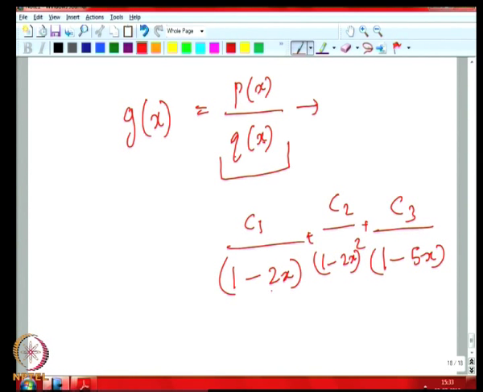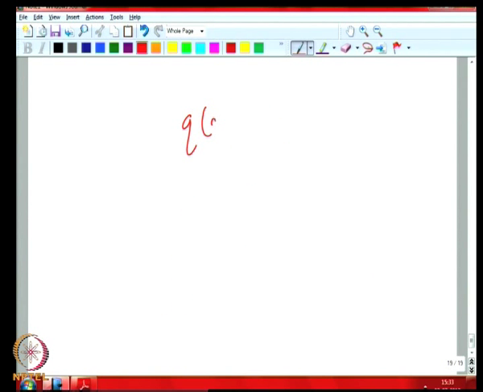So, here this 2 has something to do with the q of x. It is not the roots, but it has something to do with the q of x, because we could write q of x equal to 1 minus 2x whole square into 1 plus 5x.